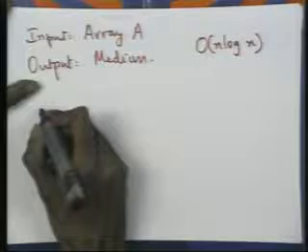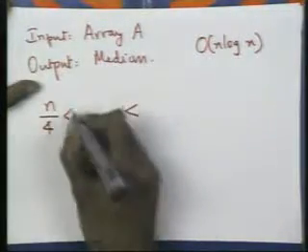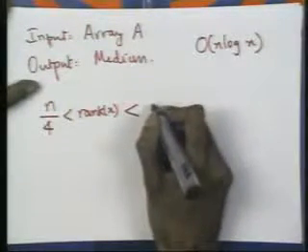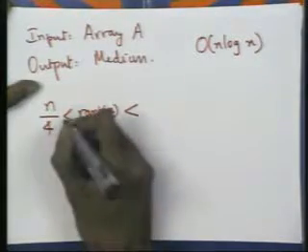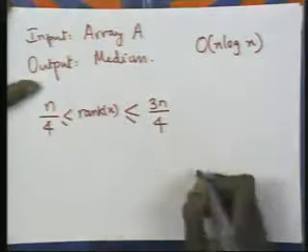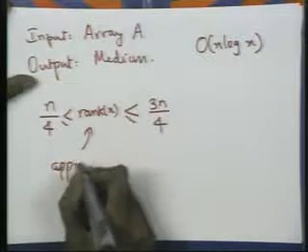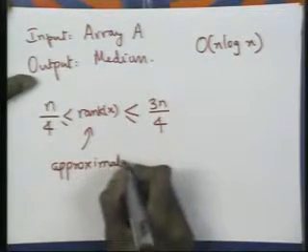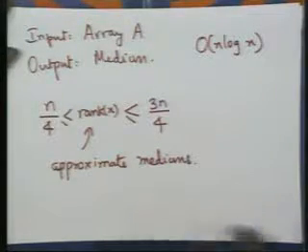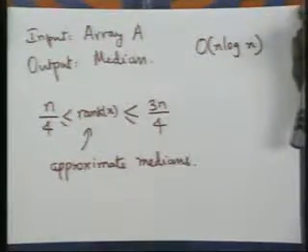Let's say an element x whose rank is greater than or equal to n by 4 and less than or equal to 3n by 4, where n is the size of the array. So these elements I'll call approximate medians. They are not quite the middle element, but they roughly sit around the middle element.